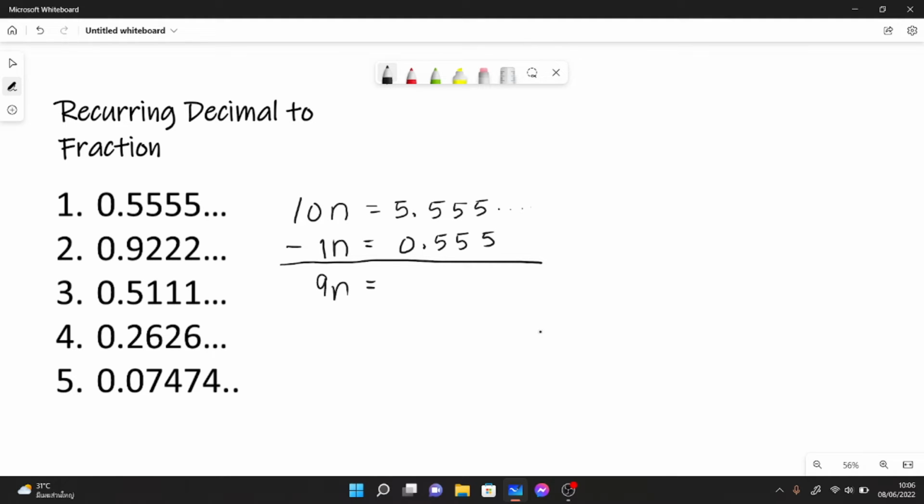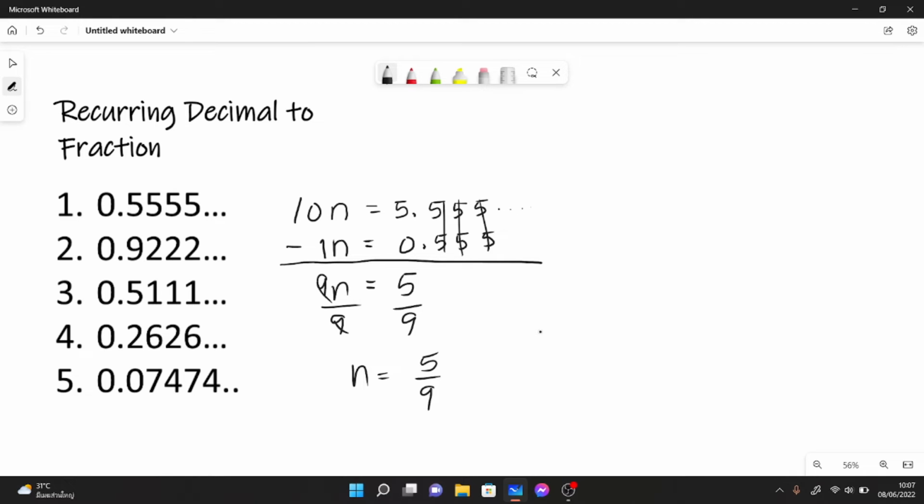So 9n is equal to 5, then over 9 both sides. So n is equal to 5 over 9. It means that 5 over 9, or 5 divided by 9, is 0.5555.